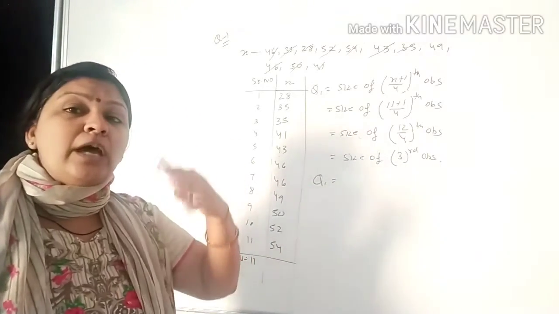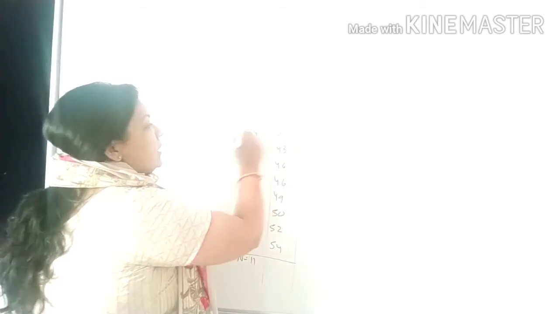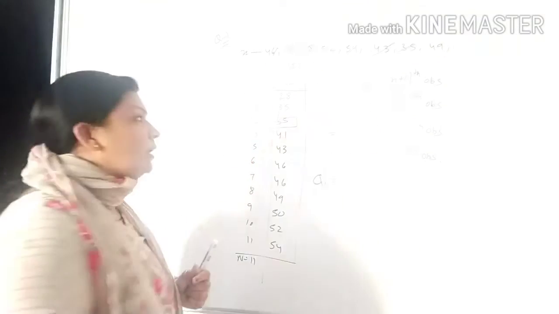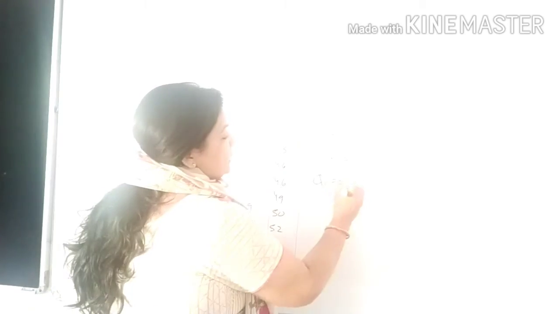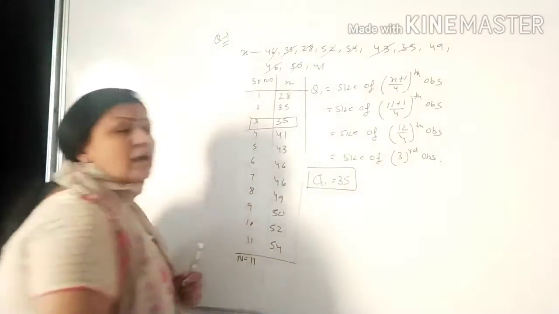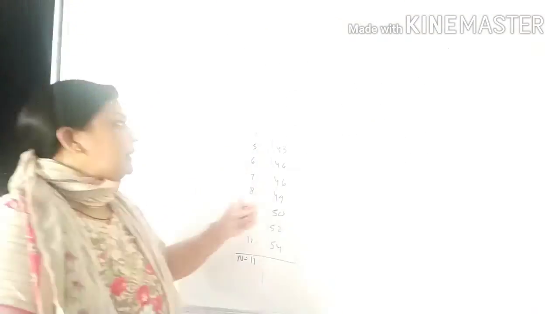As you did in the median also, what is your 3rd observation? Our 3rd observation is 35. So Q1 equals 35. Now listen, students.